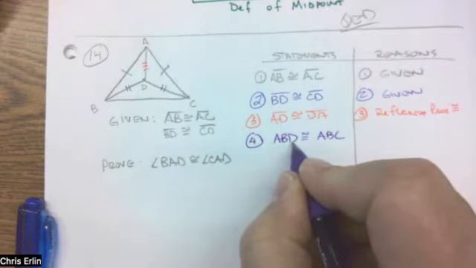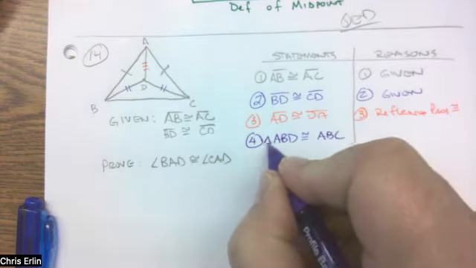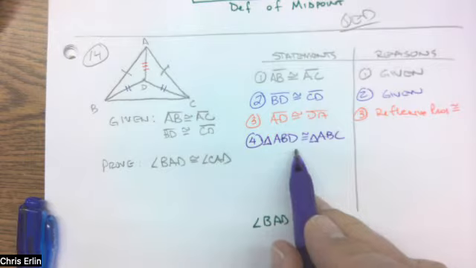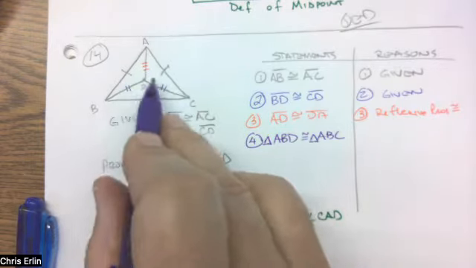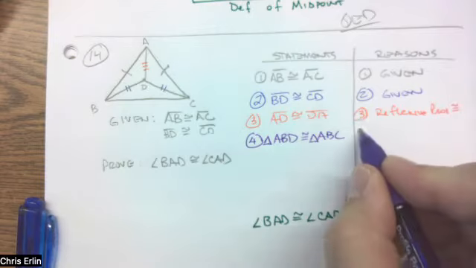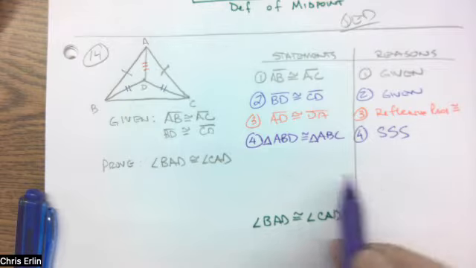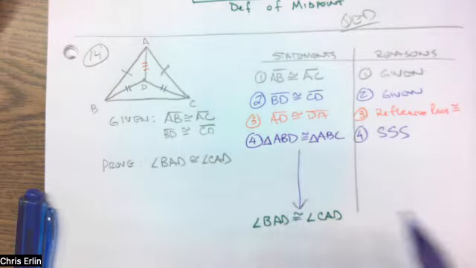Remember that 3 letters could be an angle, like we have here, or a plane, or a triangle. We have to be really clear that here we're saying that the triangles are congruent. And what's our justification for that? Why can we say these 2 triangles are congruent? Good. SSS.